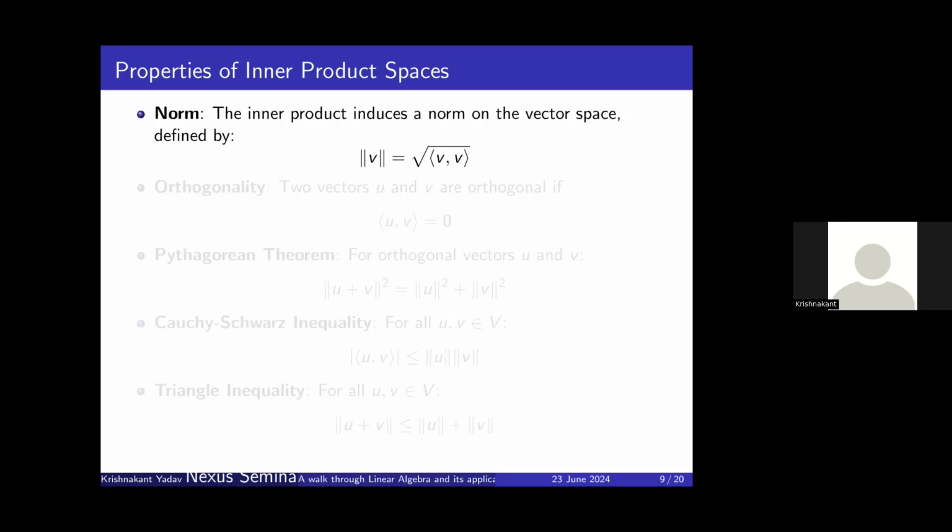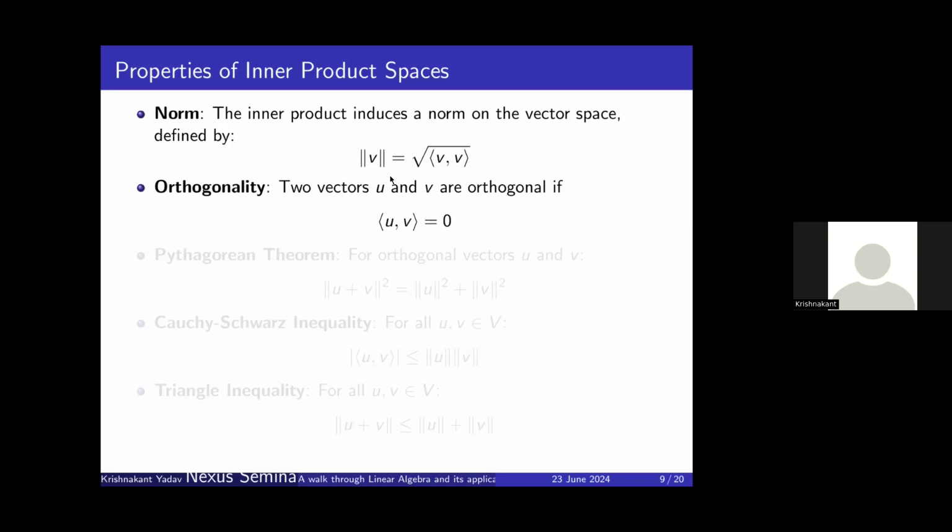Now, properties of inner product spaces. If we take the scalar product of a vector with itself, you should notice this: it is called the norm on the vector V. The inner product induces a norm on the vector space, defined by this. The square root of this quantity is defined as the norm of the vector space V, denoted by this sign.